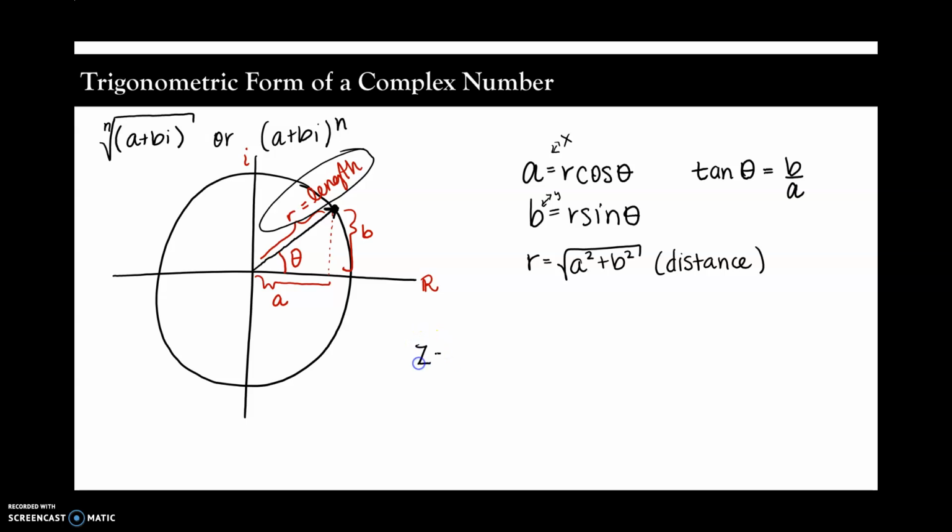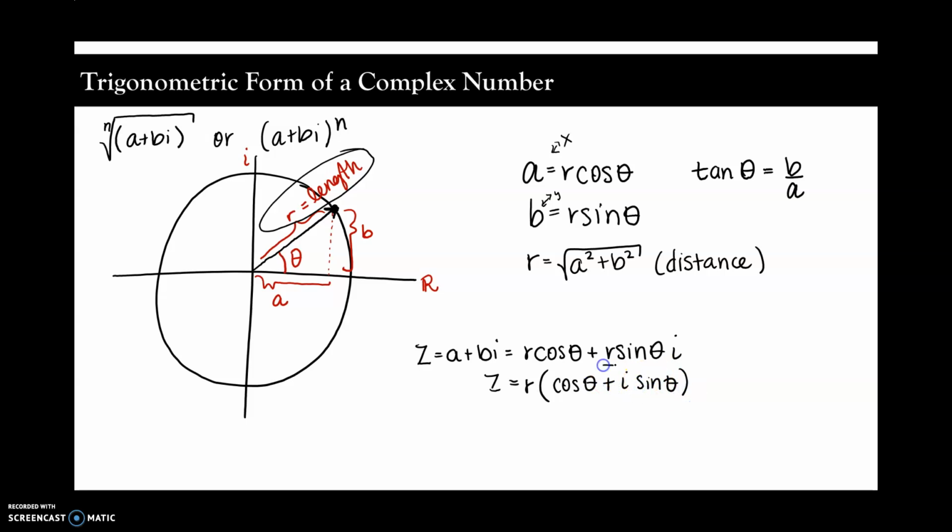So if Z equals A plus BI, but A equals R cosine theta, and B equals R sine theta, notice that we're going to have Z, the same complex number, equal to R times cosine theta plus I sine theta.